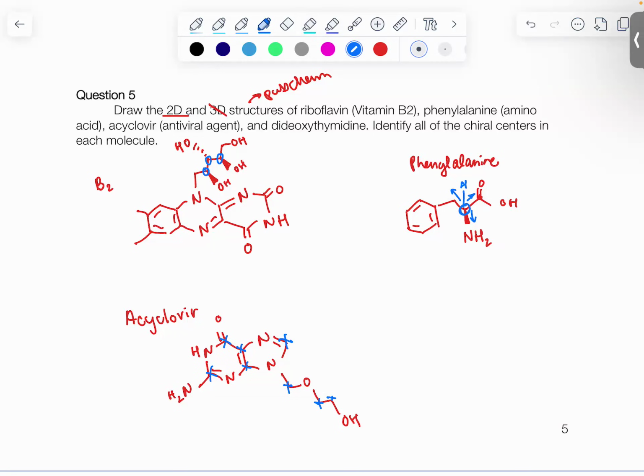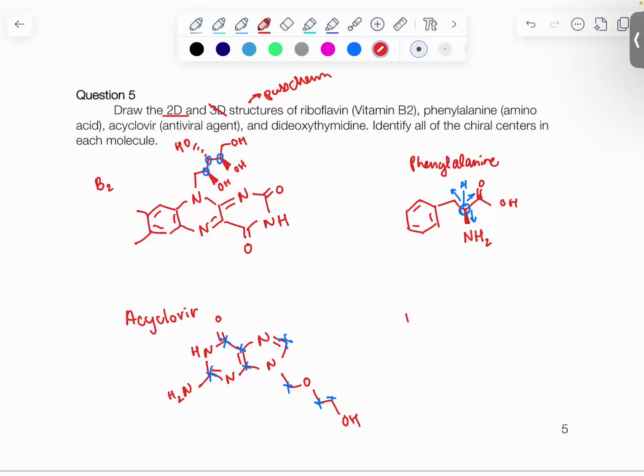And so we're only left with nitrogens, and none of them are in those fused ring systems. So we could, if we wanted to, call this one an unstable chiral center, but for our intents and purposes, this has no chiral centers.